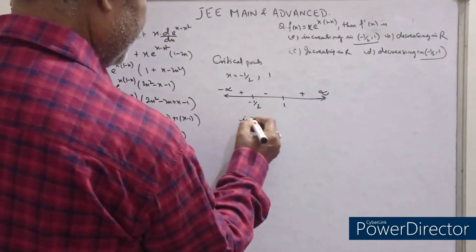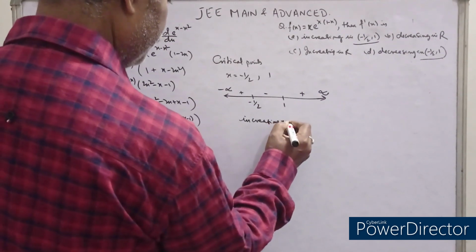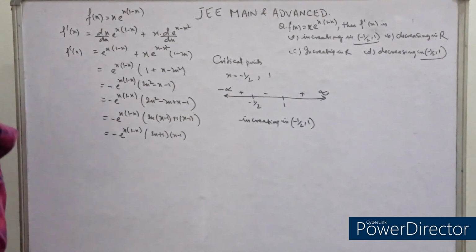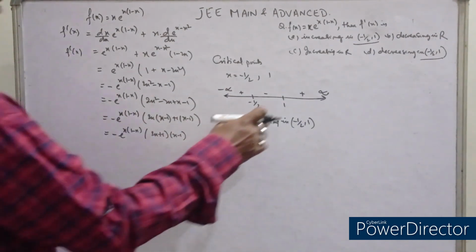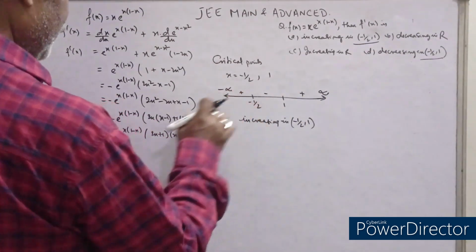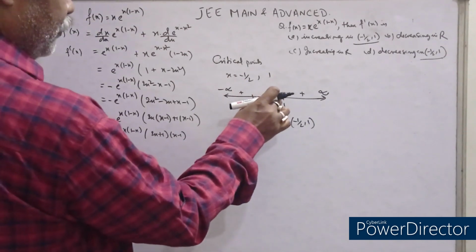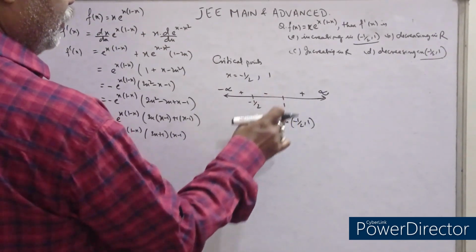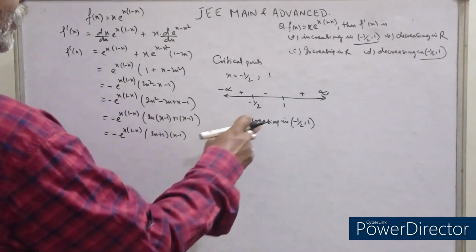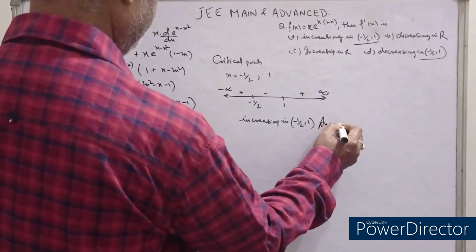So it is increasing in the interval minus 1 by 2 to 1, because here this is minus. If it was plus here, then I would have taken the plus intervals, but since it is minus, I have to take this minus region, which is the increasing region, because minus into minus will be plus. So this will be your answer.